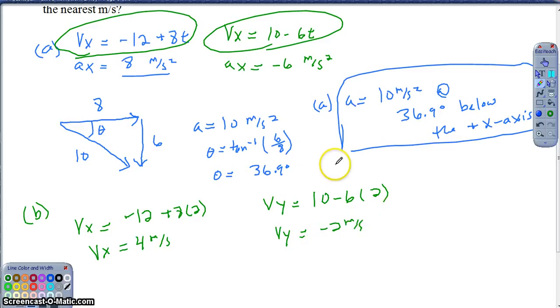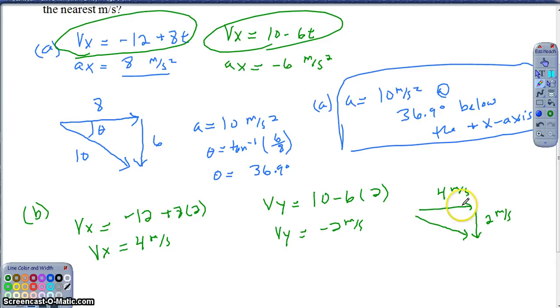So they once again ask for the magnitude. In this case, they don't even ask me for the direction. Building my right triangle, I'm going off to the right at 4 meters per second. I'm going down at 2 meters per second. Notice because I drew it down, I dropped the negative. So all I have to do is find the hypotenuse.